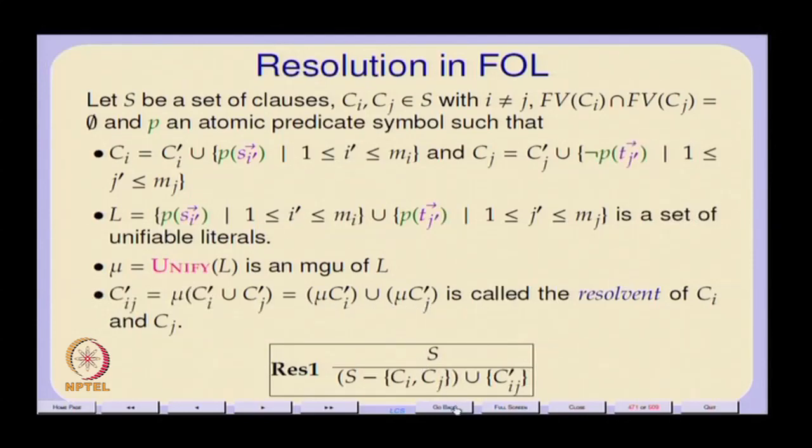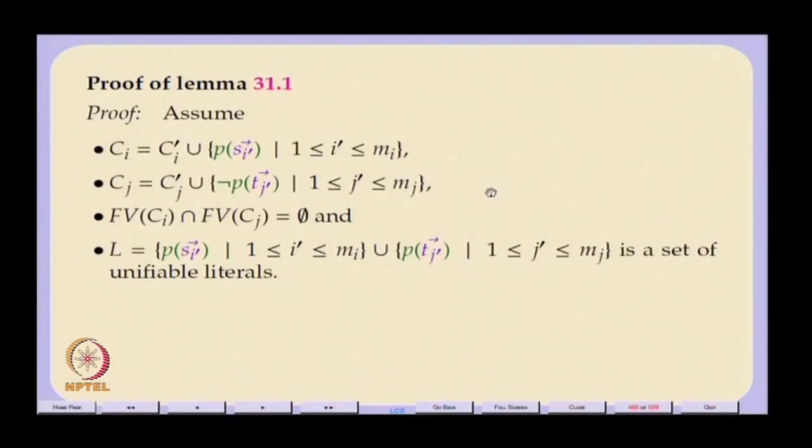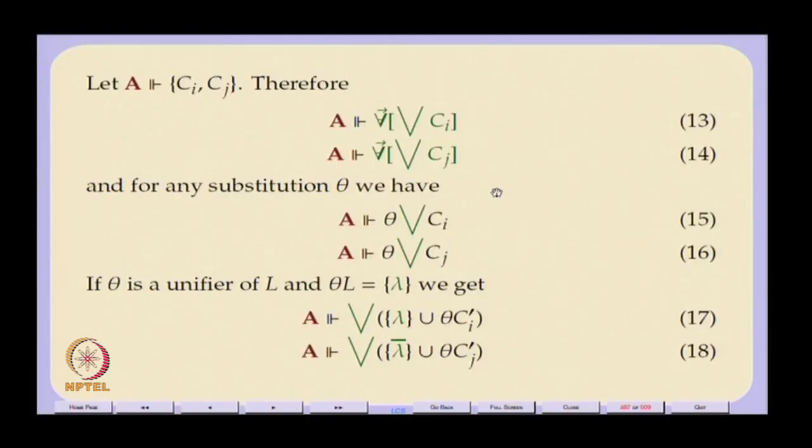Okay. So one of the things is that the resolvent Cij prime that is obtained by this kind of resolution is actually a logical consequence. That is fairly easy to see.